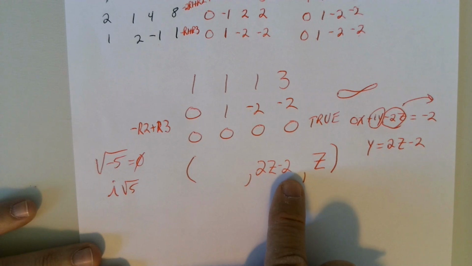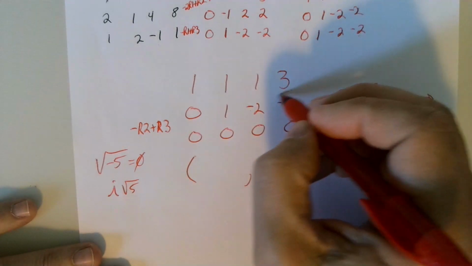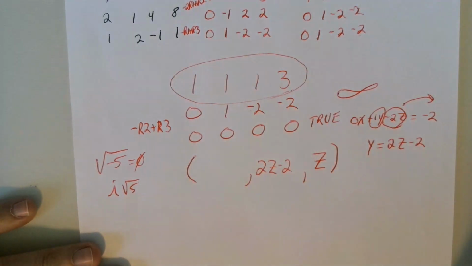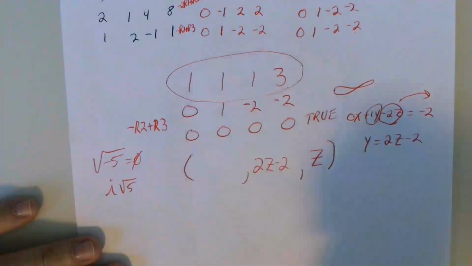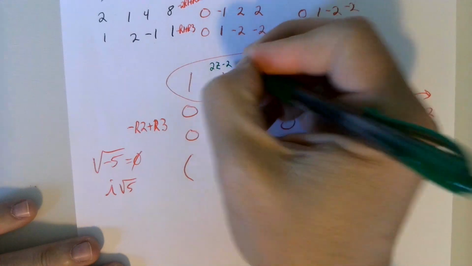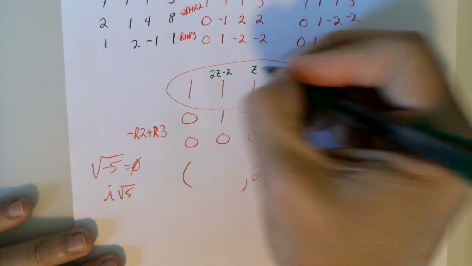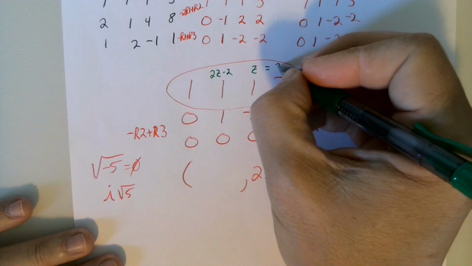I'm hoping that clicked for you. Okay, so now I can go to this top line right here, and I'm going to substitute them all in. I'll put a little green in here. So y is 2z minus 2, right there, right? And z is z, and it still equals that 3.